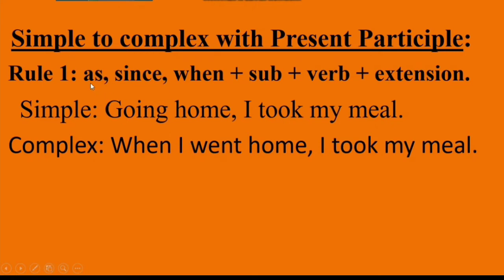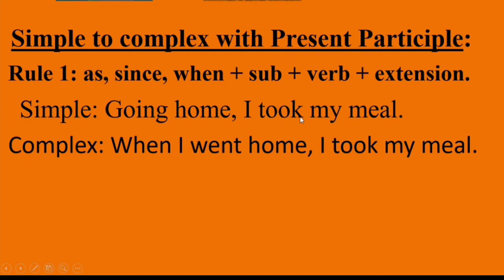At first we have to use as, since, or when. Any word of the three words, here we use when. Then the subject, this is the subject I, and we use I. Then a verb, that means the present participle will turn into a verb according to the principal verb.